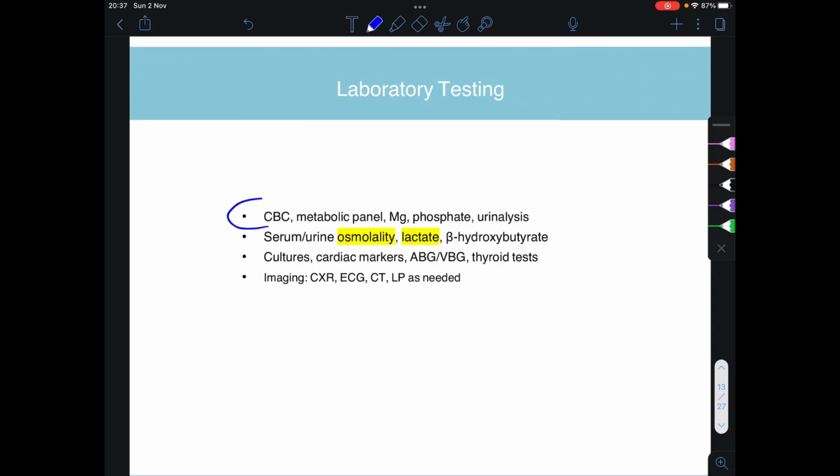What would you send for this patient? You would send for CBC, a metabolic panel, and you look for electrolytes like magnesium and phosphate, and you perform a urinalysis to see, for example, if there are any signs of urosepsis or a UTI that could have precipitated the condition. You also want to check the osmolality and calculate it.